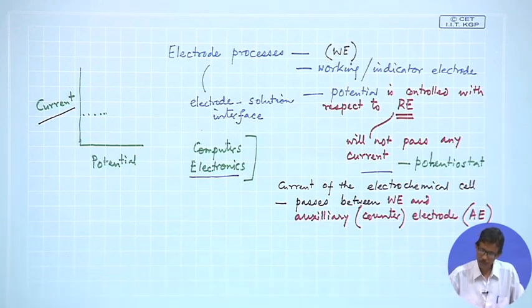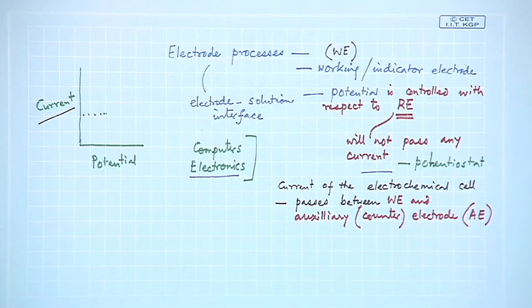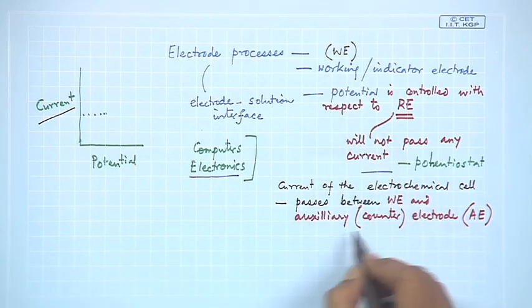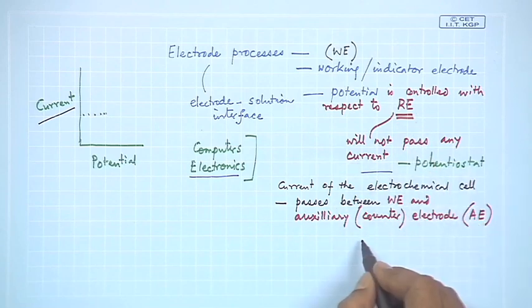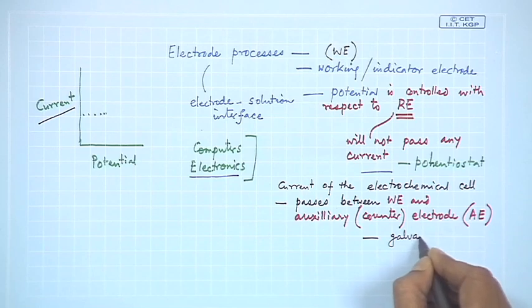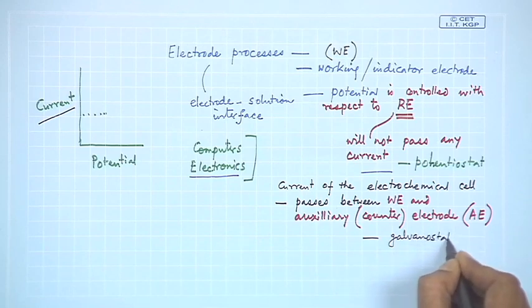So, one particular part will be responsible for measuring your potential and the other part of the electronics will be responsible for measuring your current, which will be our galvanostat.